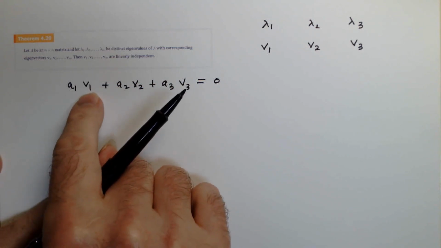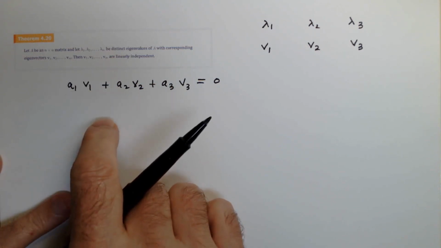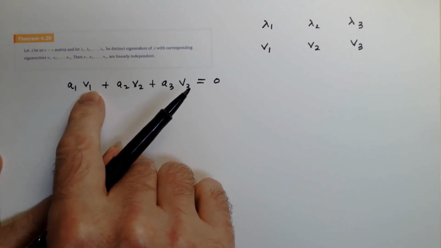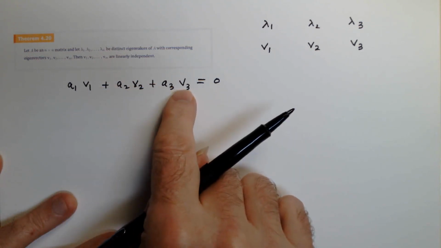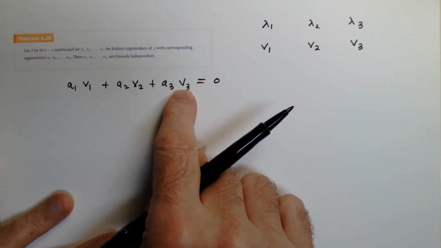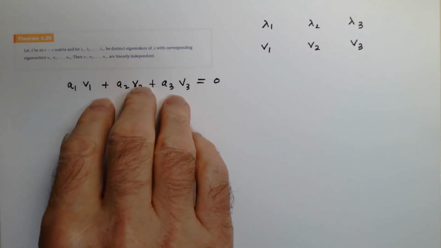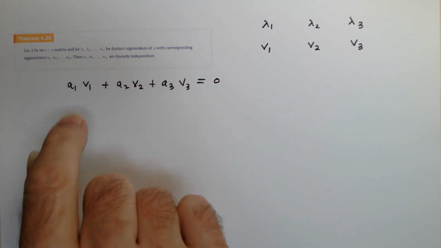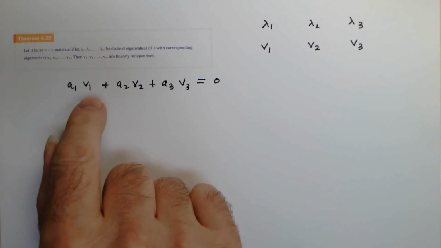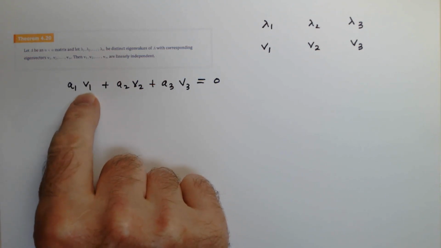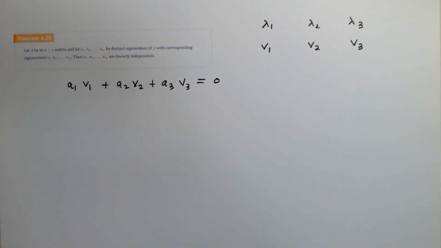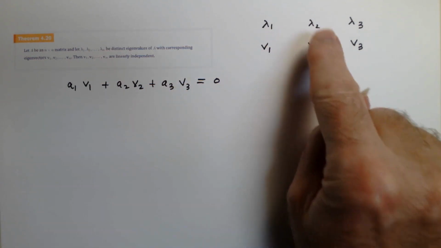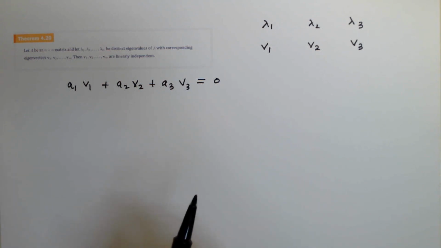But v1 is an eigenvector, and so that's just going to be lambda 1 times v1. We'll have a lambda 2 times v2 and a lambda 3 times v3. So once again, I'm applying the matrix A to both sides, strongly using the linearity of the matrix and the fact that v1, v2, and v3 are eigenvectors for that matrix with corresponding eigenvalues lambda 1, lambda 2, and lambda 3.